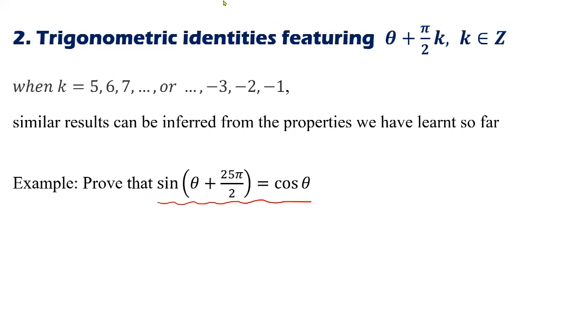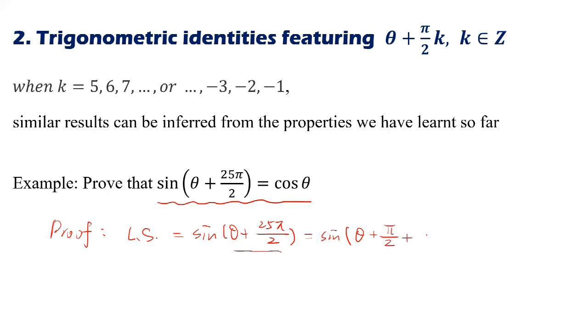Okay, let's have a look at how we prove this. Note the left side equals sine of theta plus 25 pi over 2, right? And we can rewrite the angle as theta plus half pi, and then plus another 12 pi, because half pi plus 12 pi is 25 pi over 2, right?